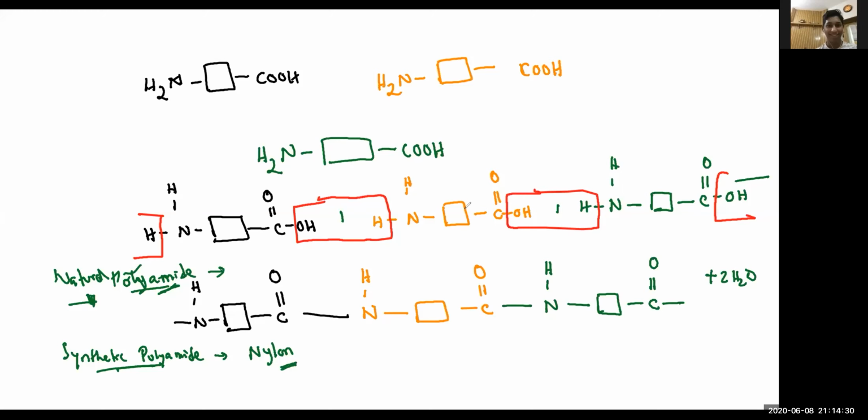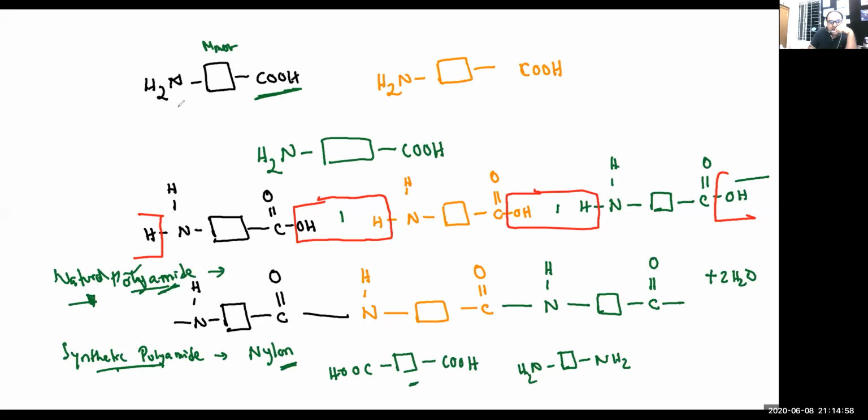Although she couldn't answer 100%, she's almost correct. In nylon, one monomer has carboxylic acid on both sides and the other monomer has amine on both sides. But here, in one monomer you have both a carboxylic acid and an amine. Do you understand?